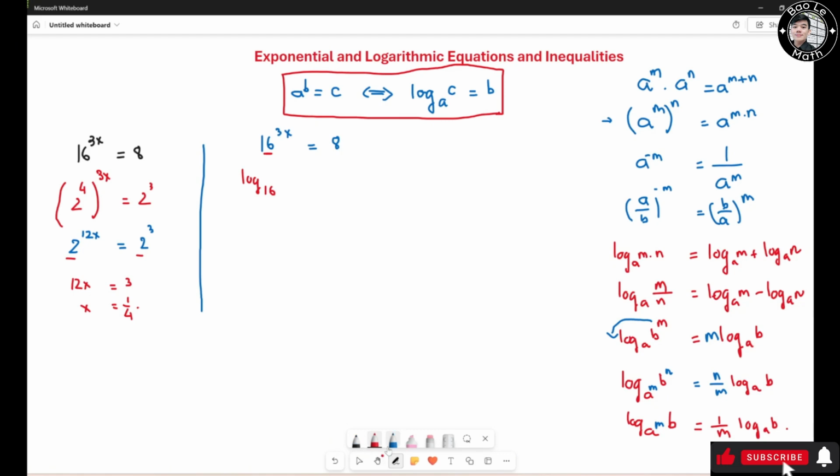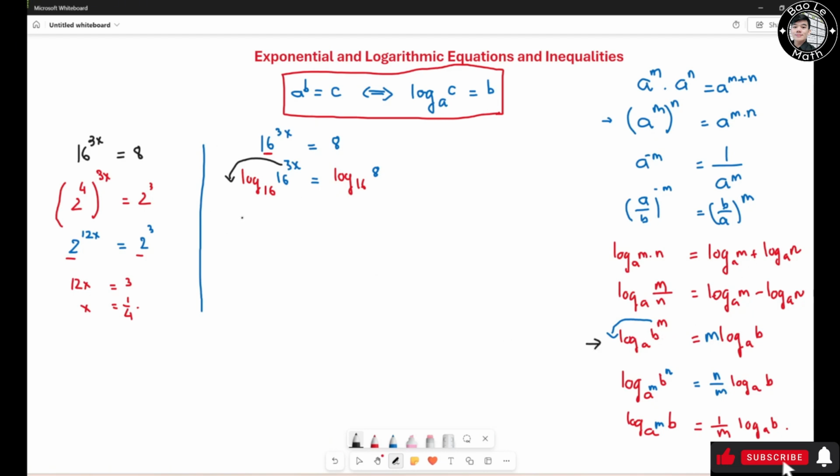So this is log base 16 of 16 to the power of 3s equals log base 16 of 8.